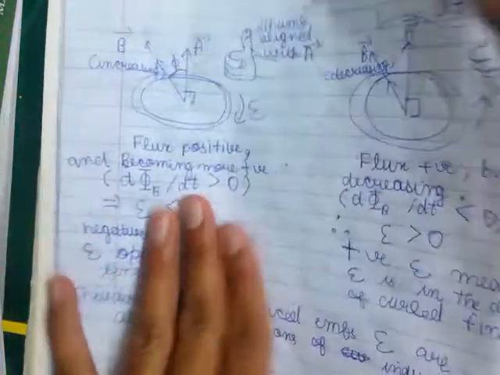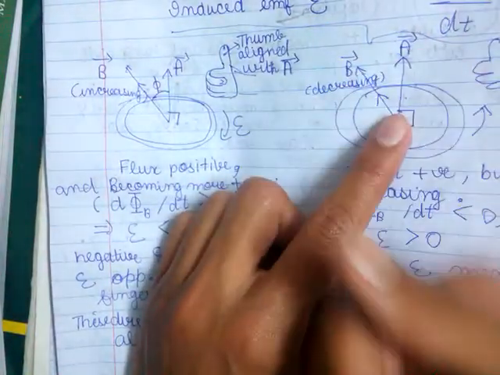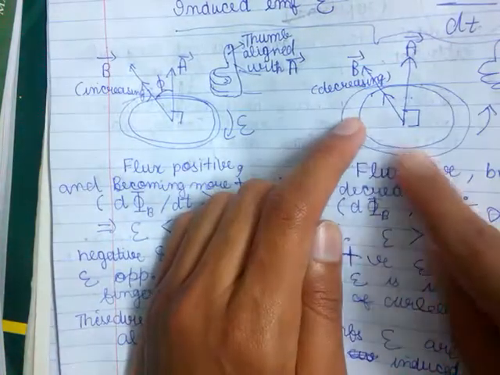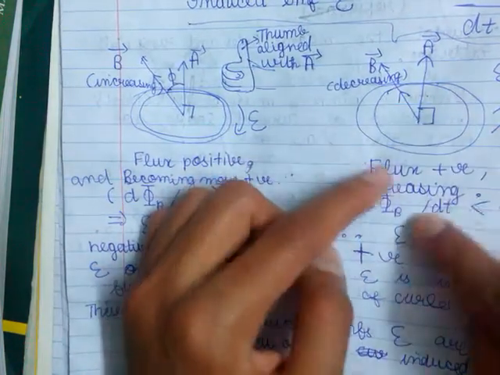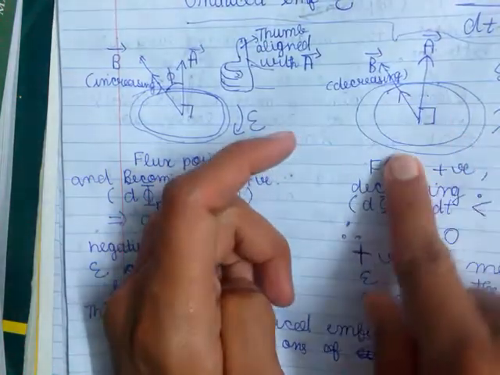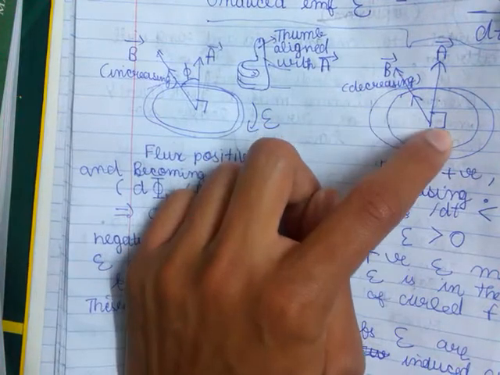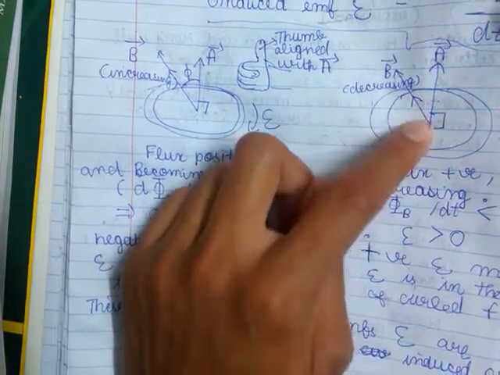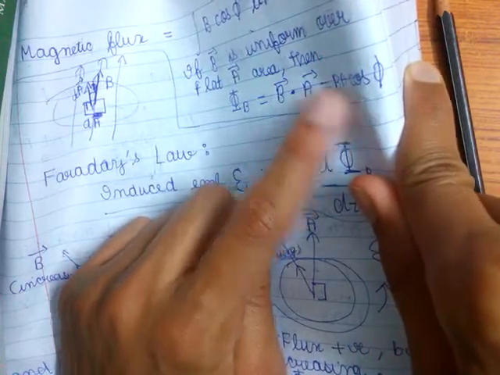As another example, take this case. Again we place the area vector in the same direction, and again we have some positive flux due to this field, because we are measuring flux in this direction and the field is going in that direction. When it decreases, the flux also decreases, since in the formula BA cos phi, B decreases, therefore the magnetic flux decreases.